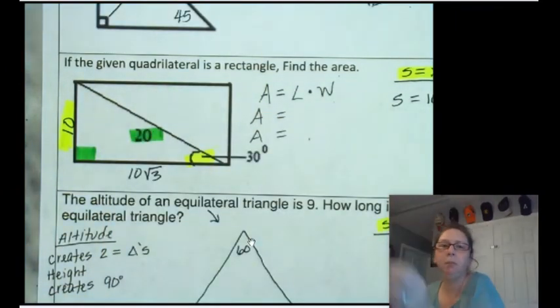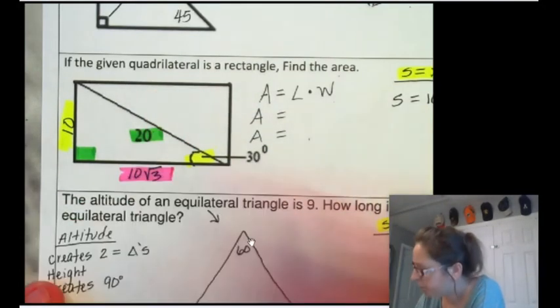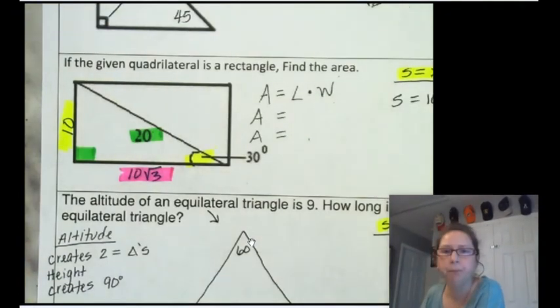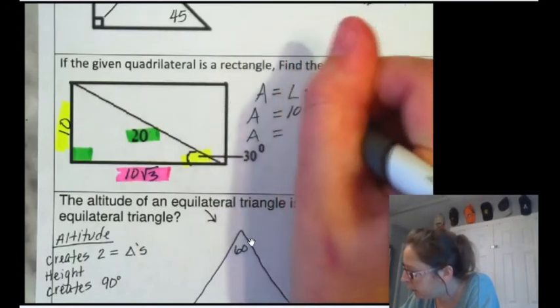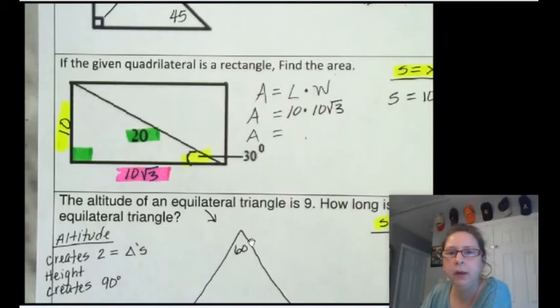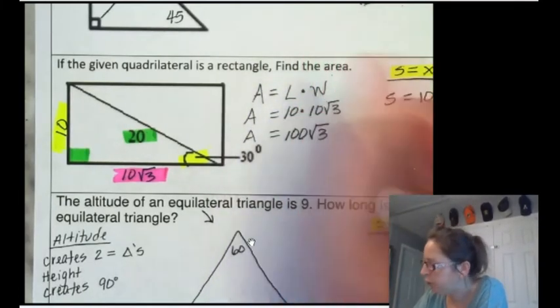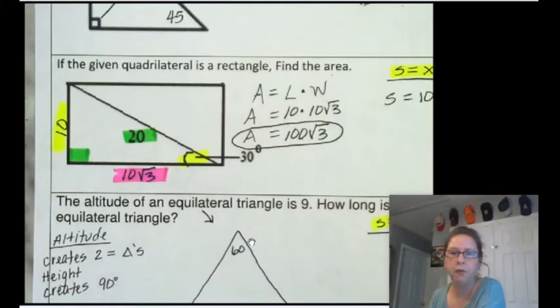And I've been using pink to represent the long side. So I just need to multiply these two numbers together. 10 times 10 square roots of 3 is going to give me 100 square roots of 3. And that's the final solution for this problem.